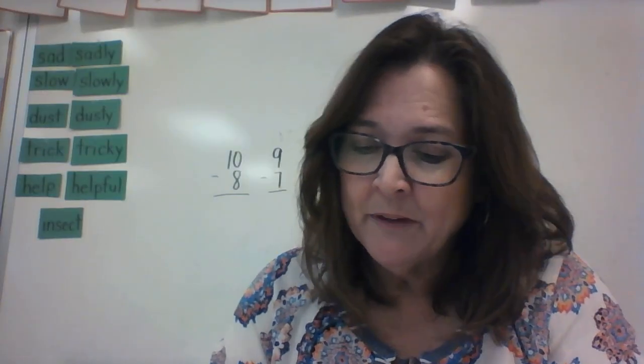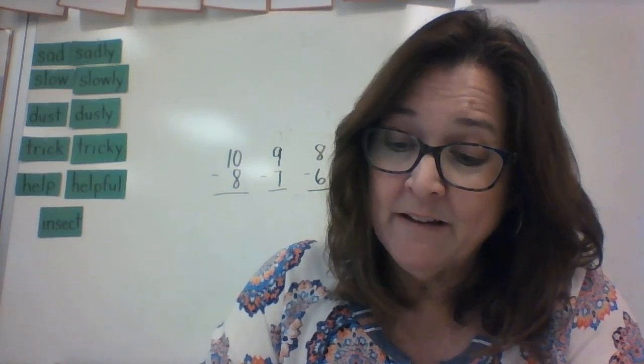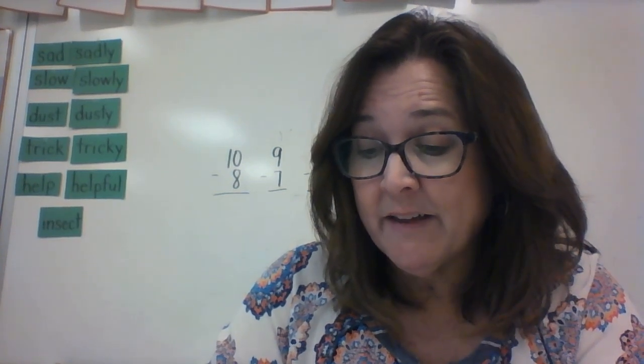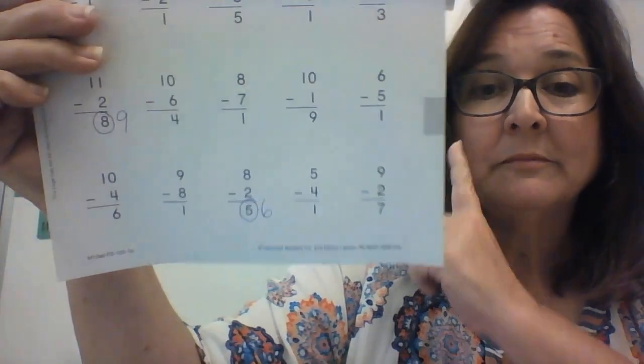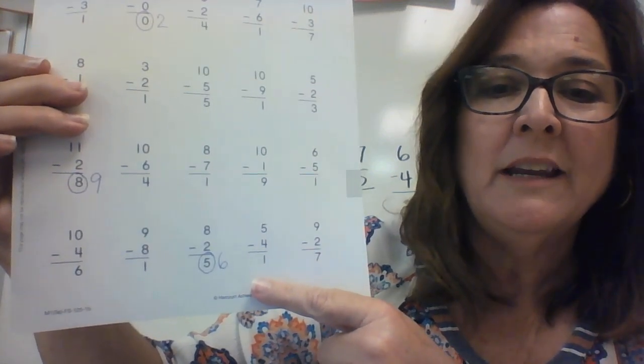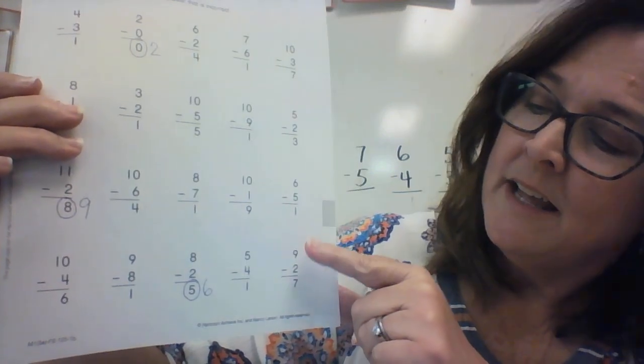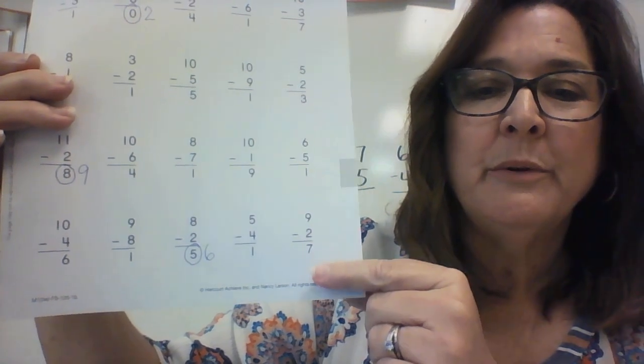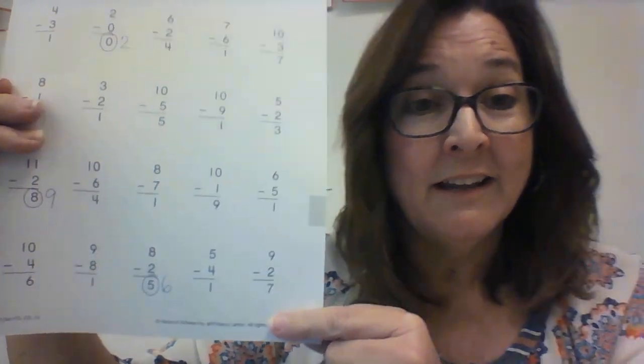That's right. So we have to circle that 5 and write the 6 beside it. Okay. Next problem. 5 minus 4 equals 1. Yes. 9 minus 2 equals 7.